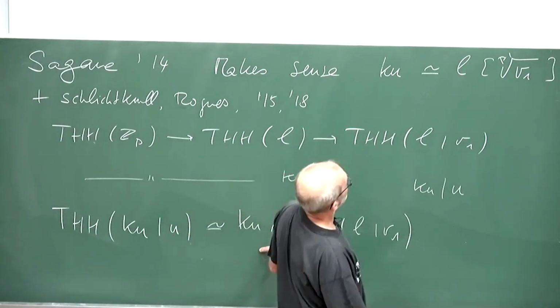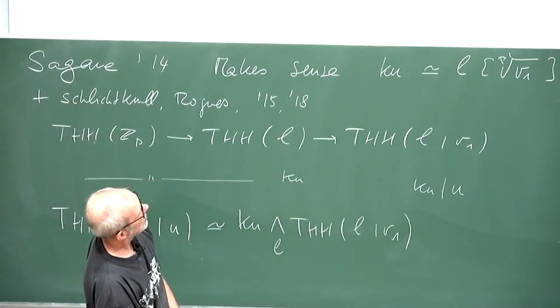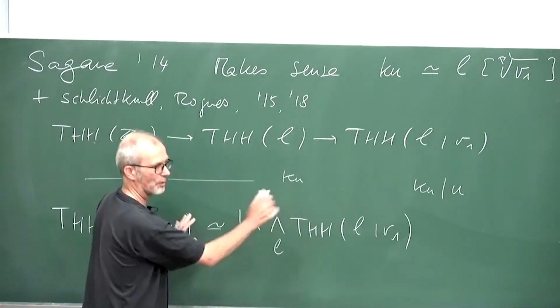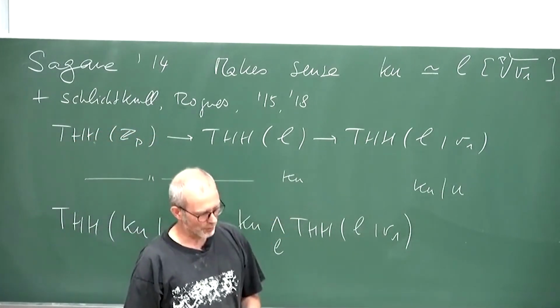So first, when I started computing THH of KU, I thought this formula was true without the logarithmic part, and it took me a while to realize it was not.